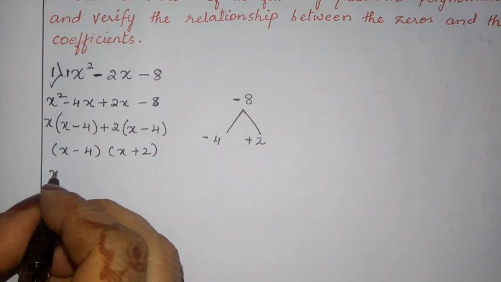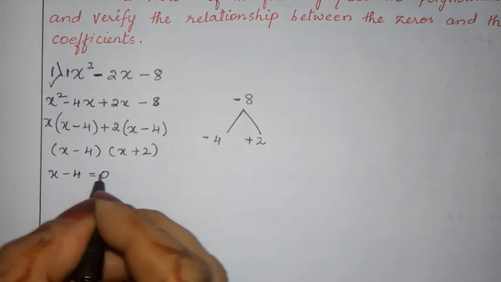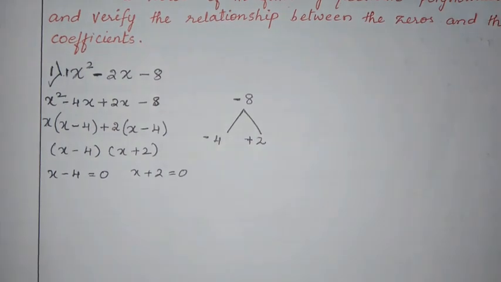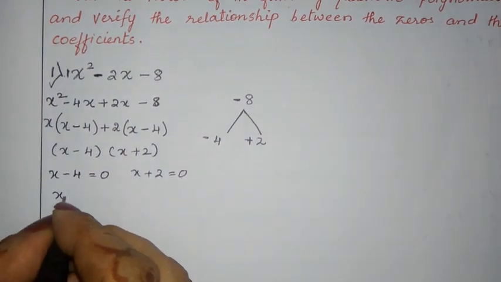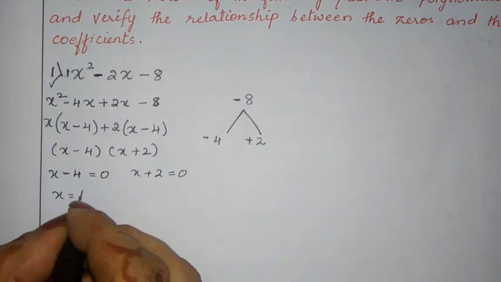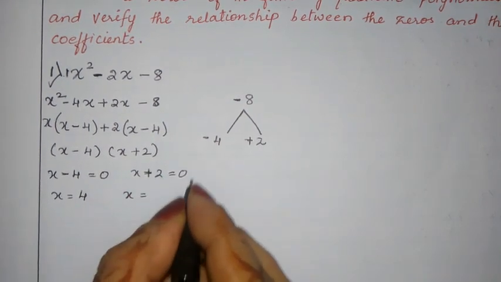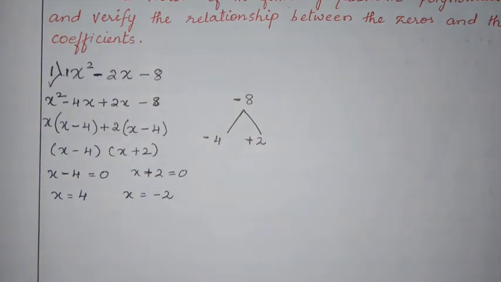So what will we write? X minus 4 equal to 0, x plus 2 equal to 0, because we have to find the zeros of the polynomial. X is equal to 4, since minus 4 moved to the other side becomes 4. X is equal to minus 2, since plus 2 moved to the other side becomes minus 2.